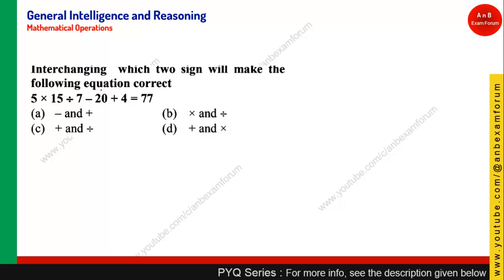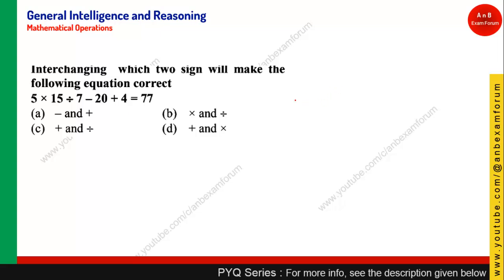Let's see the next question. It is the interchanging of the symbols. Let's choose options. As I told you, let's start with option D. If I interchange plus and multiplication, let's see whether I am getting the right hand side.